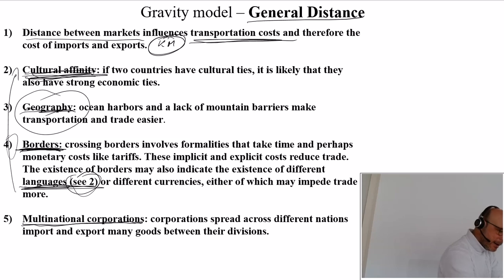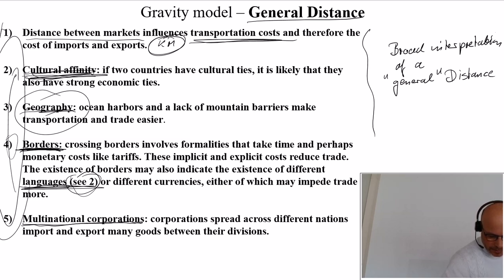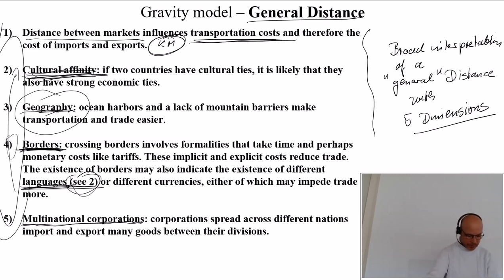So in the end, here we have a broad interpretation of a general distance with 5 dimensions.